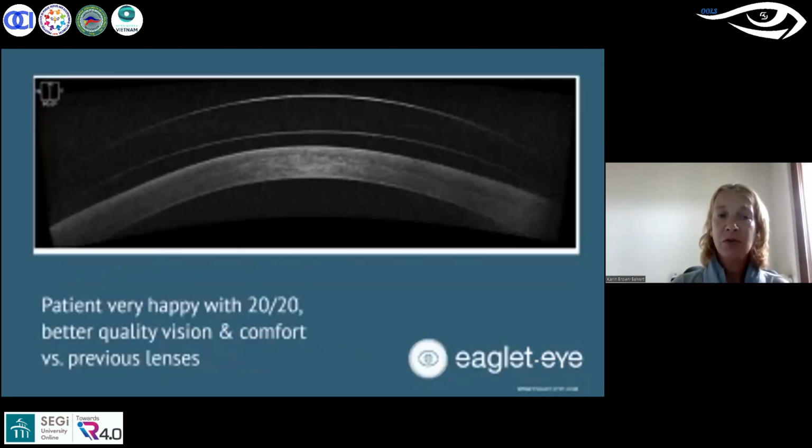There's an OCT image here as well. The patient was really happy with 20/20, better quality of vision and comfort versus his previous lenses. He was coping okay with his lenses, but now he's much happier with the vision and the comfort that he's getting with them.